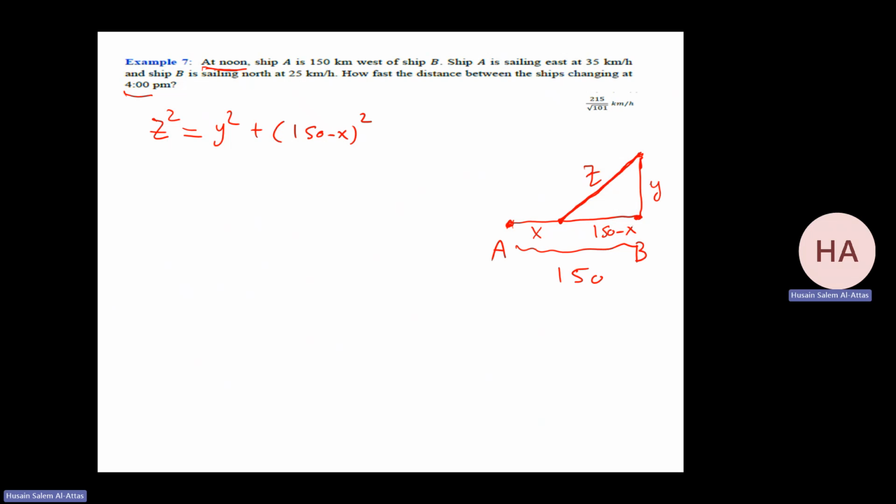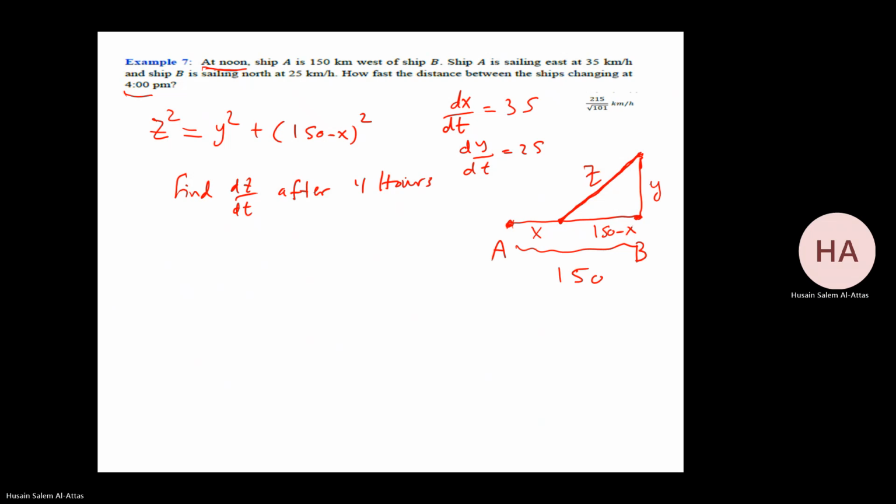What is the information given? I have dx/dt for A is 35 and dy/dt equals 25. And the question is to find dz/dt after 4 hours. So what I will do is differentiate this with respect to time t.